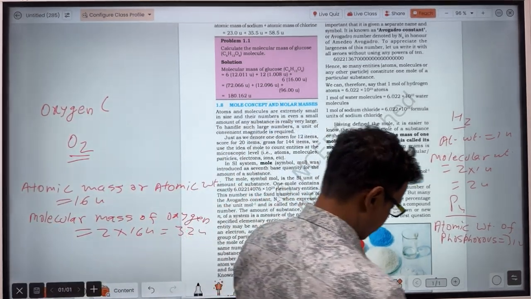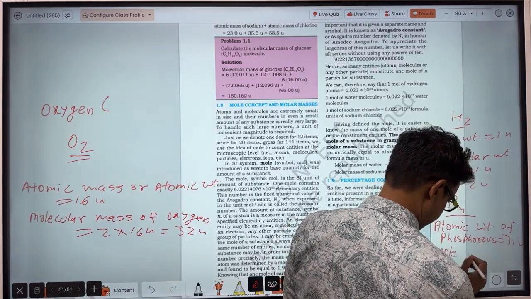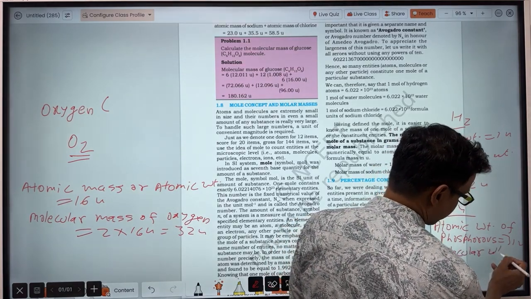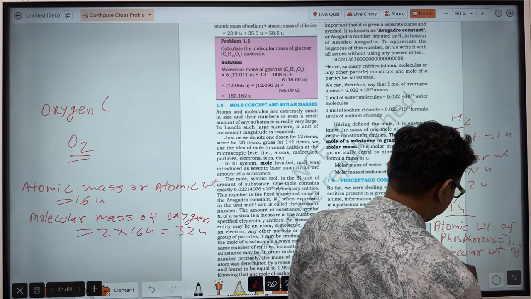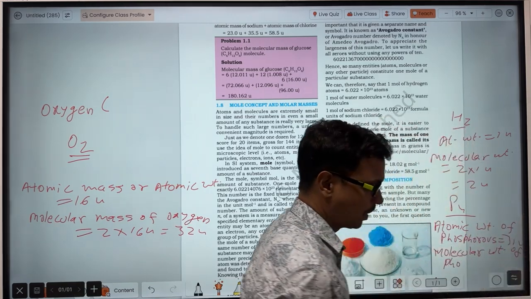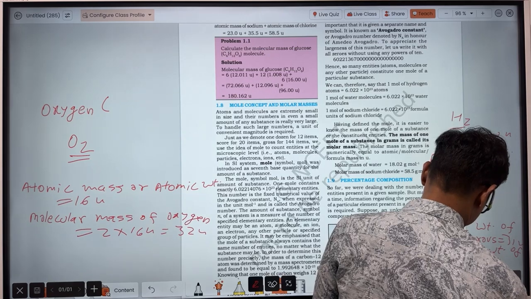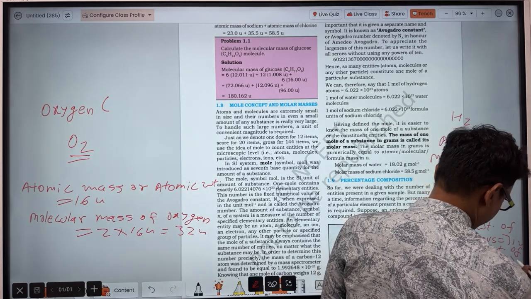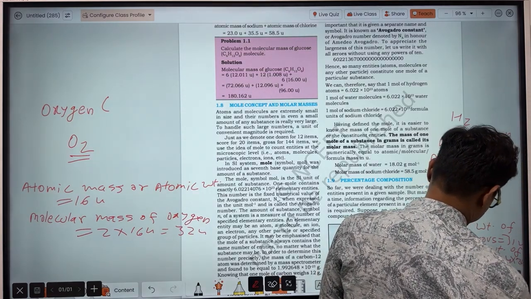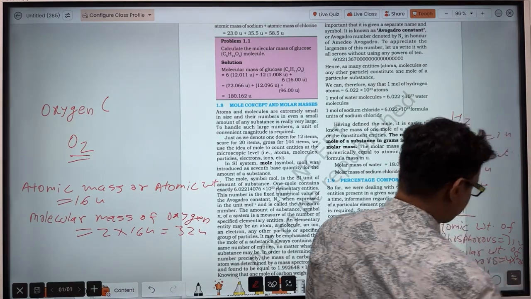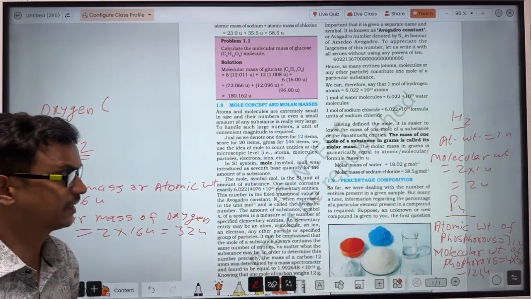So that's why the molecular weight of phosphorus will be equal to 4 into the atomic weight of phosphorus. So 4 into 31 U, that means 124 U.